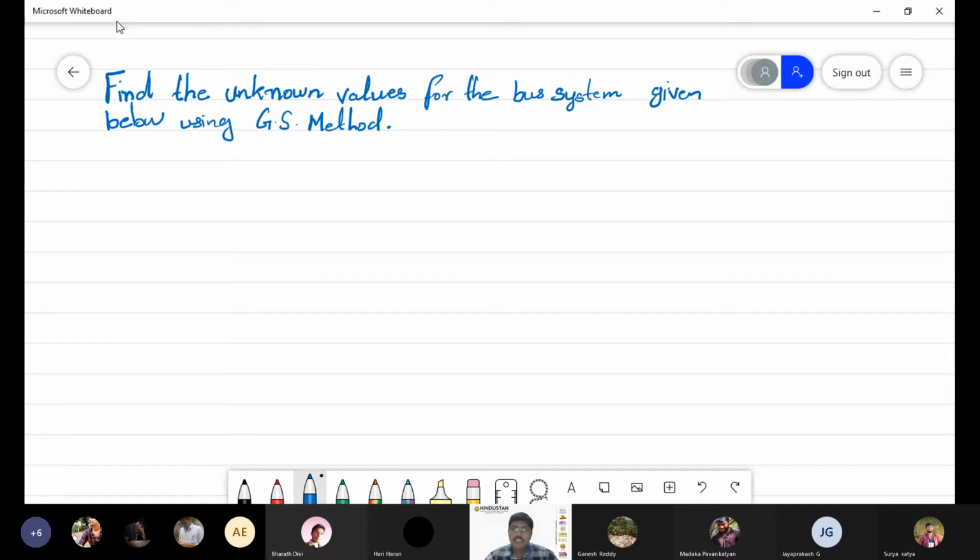I am giving a network. They may also give the network like this. I'll draw it a little bigger so that it will be easy for you.